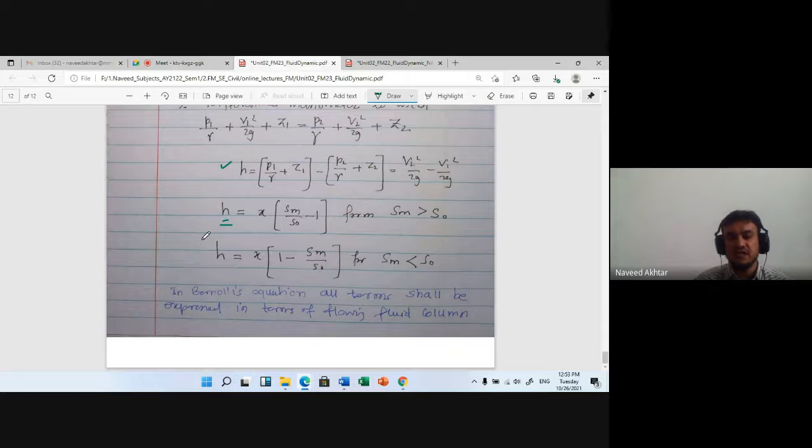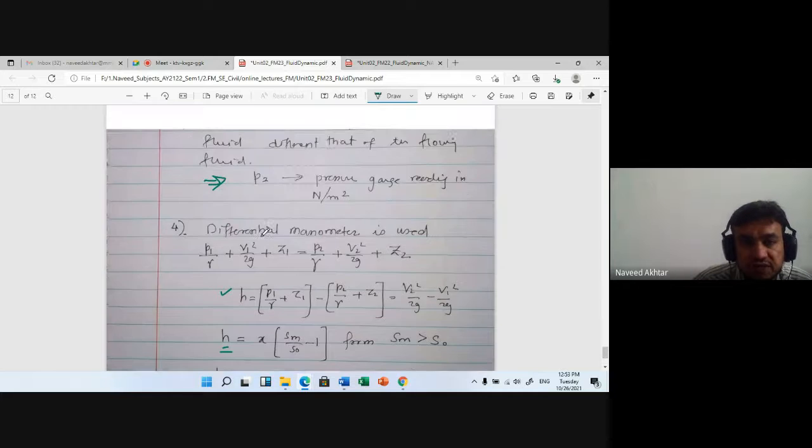In Bernoulli's equation, all terms shall be expressed in terms of the flowing fluid column. That is our Bernoulli's equation, and based on that we can find out the discharge and velocity of the fluid.